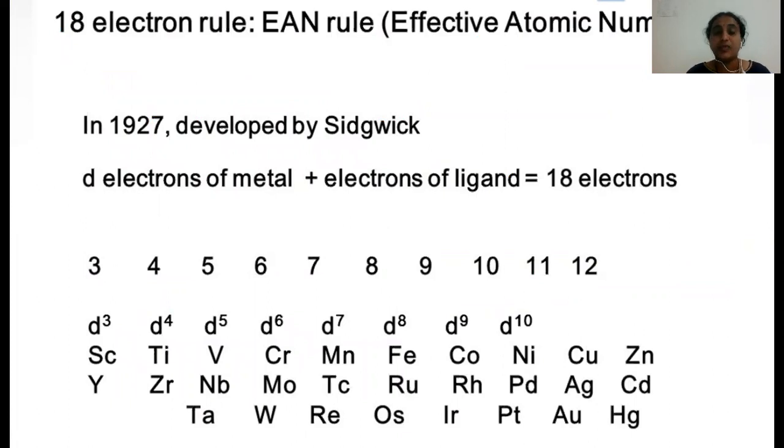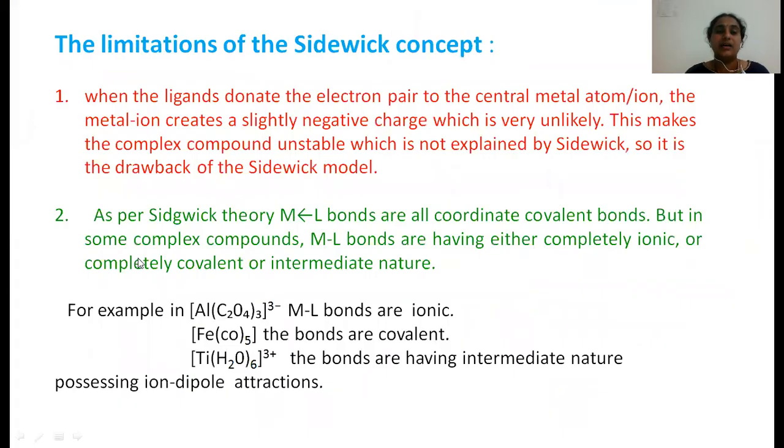Like this, Sidgwick explained the stability of the complexes and also the structure of the complexes. Then after explaining complex formation, there are also some limitations of this Sidgwick theory. The first limitation: while forming the complex, ligands donate electrons to the central metal atom.